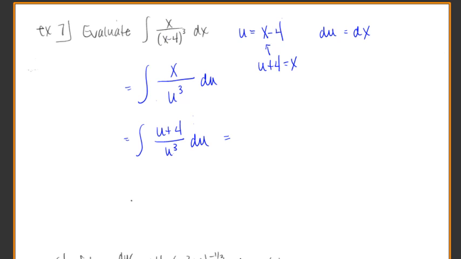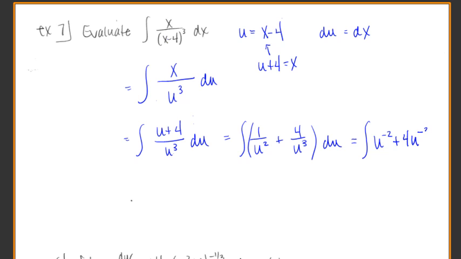Now to take the integral, we're just going to break it up as u over u cubed, or 1 over u squared, plus 4 over u cubed, all of that du. And then writing it one more time so we can analyze the exponents, it'll be the integral of u to the negative 2 plus 4u to the negative 3 du.